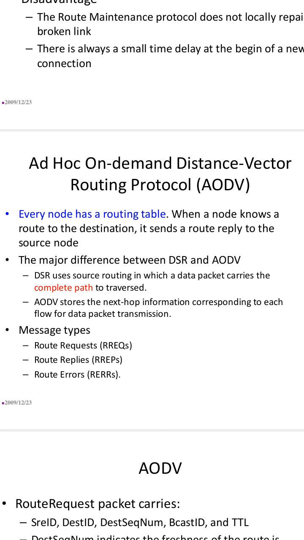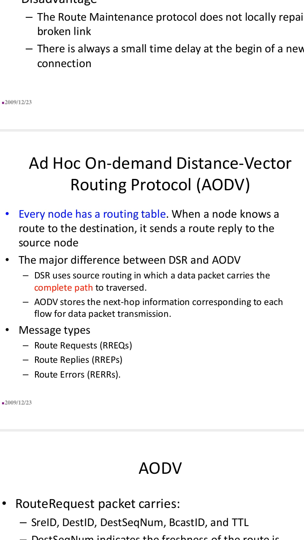Here the major difference between the dynamic source routing protocol and the AODV routing protocol is that DSR uses source routing, in which the data packet carries the complete path to be traversed. But AODV, the ad hoc on-demand distance vector routing protocol, only stores the next hop information.